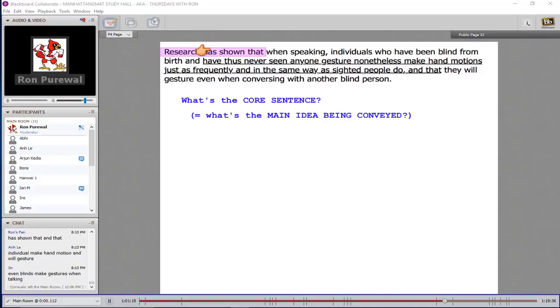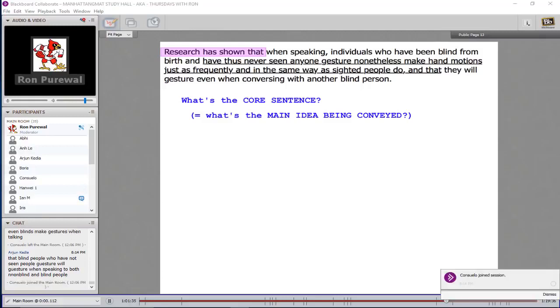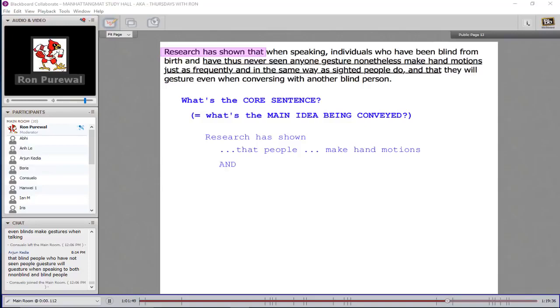Okay, so people, yeah, right? The main sentence is researchers have shown that people, individuals, whatever you want to call them, blah, blah, blah, modifier, make hand motions, and that they will gesture.